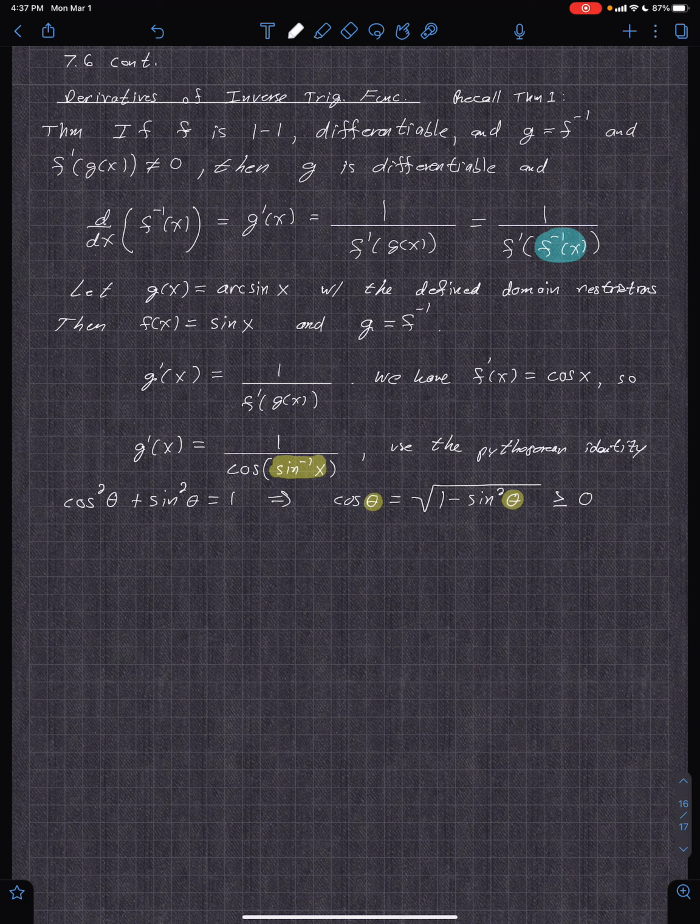So you have g prime of x equal to 1 over the square root of 1 minus, in brackets, sine of sine inverse of x, squared. And now we have that they're inverse functions, so sine of sine inverse is just x. So that equals 1 over the square root of 1 minus x squared.